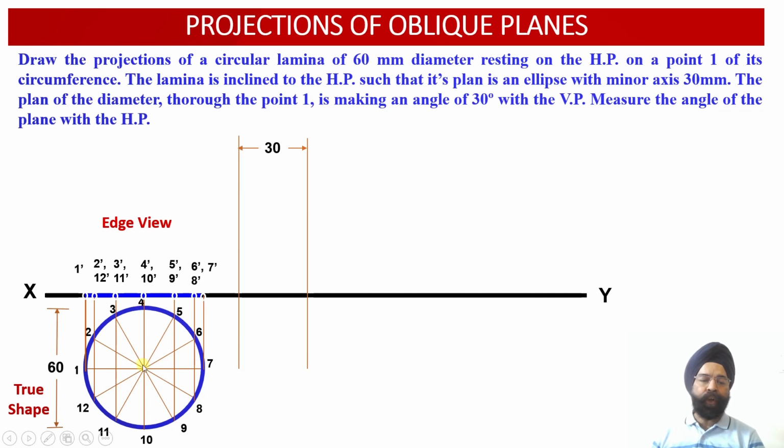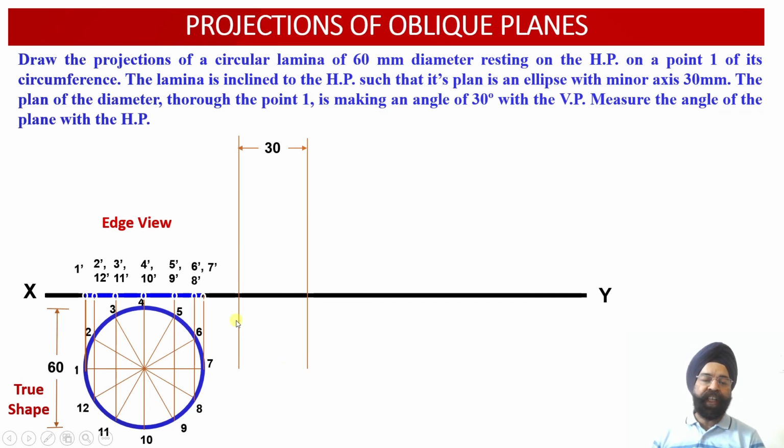whereas this diagonal 4 10 will still be parallel to the horizontal plane. So here, corresponding to this diagonal 4 10, we are going to obtain the true length of this diagonal projected over here. That is why we say that this will be transformed into an ellipse in the top view projection. So one of the diagonals, that is the major axis or major diagonal, will be 60 millimeter, whereas the other diagonal which is inclined with respect to HP will be reduced from 60 millimeter to 30 millimeter.